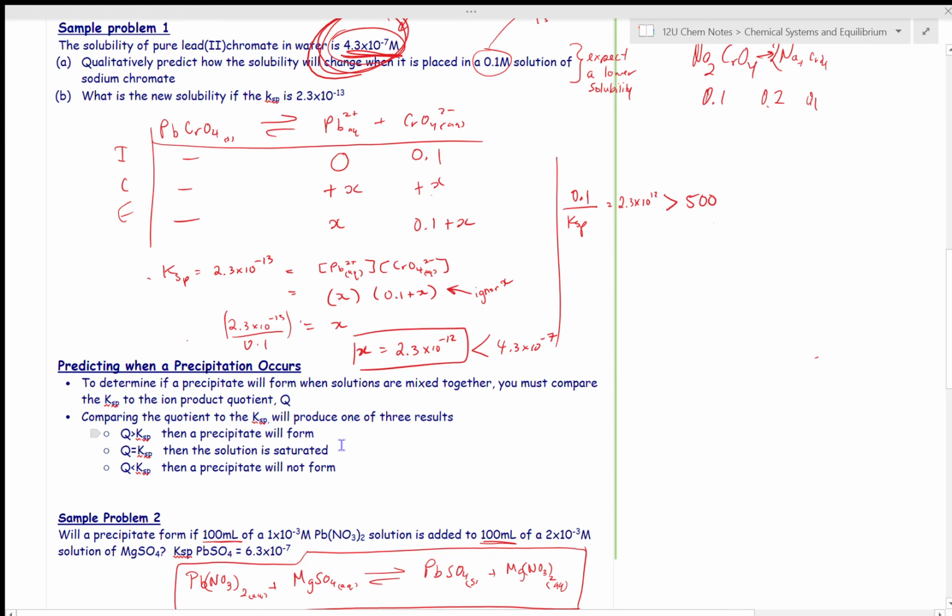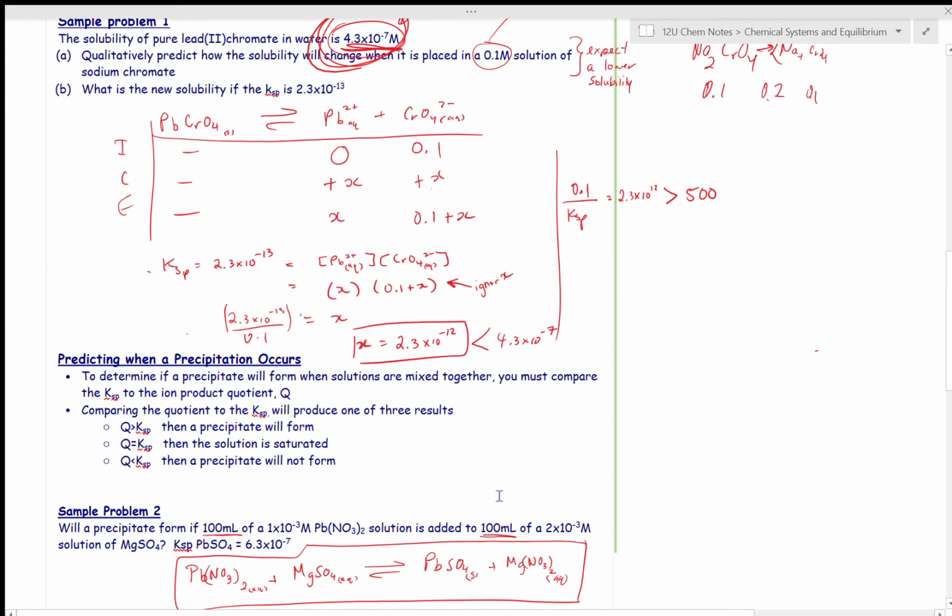Basically, the amount of ions in solution is greater than what the solution can hold in terms of what it can dissolve, so it will push backwards and produce a precipitate. If Q is less than KSP, no precipitate forms. You need to add more solutes in order to get a precipitate to form.